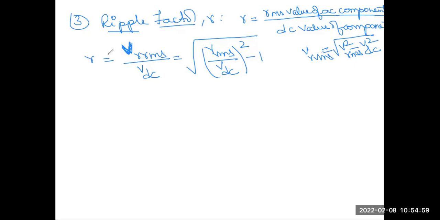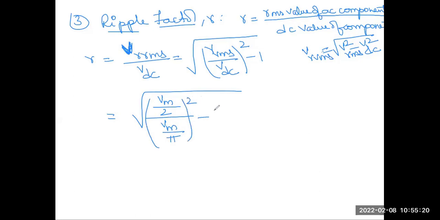So if you substitute, what do you get? Root of, what is Vrms we obtain? Vm by 2. By VDC, Vm by pi, all under square minus 1.